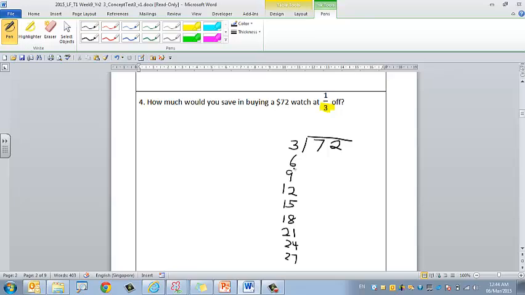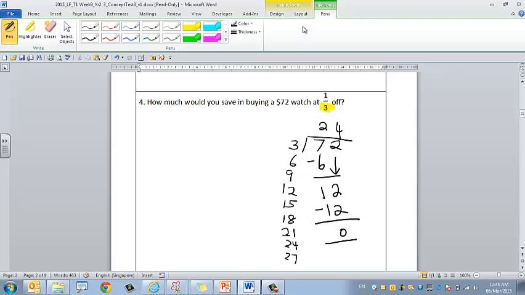So is there a 7? So if there's no 7, we count backwards. So we choose 6. So minus 6. On top put 2. So 7 minus 6 will give me 1. Carry the 2. 12 minus 12. So we count 1, 2, 3, 4. So the answer is 24.